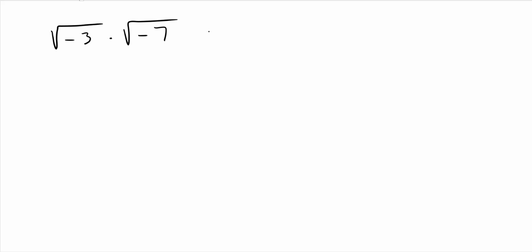So you can't do anything with a negative under the radical. The first thing you have to do is you got to take out an i. You can't add, can't subtract, can't multiply, can't divide. Can't do anything with a negative under the radical. Okay? So it looks like you could say -3 times -7 is positive 21, but you can't do that.